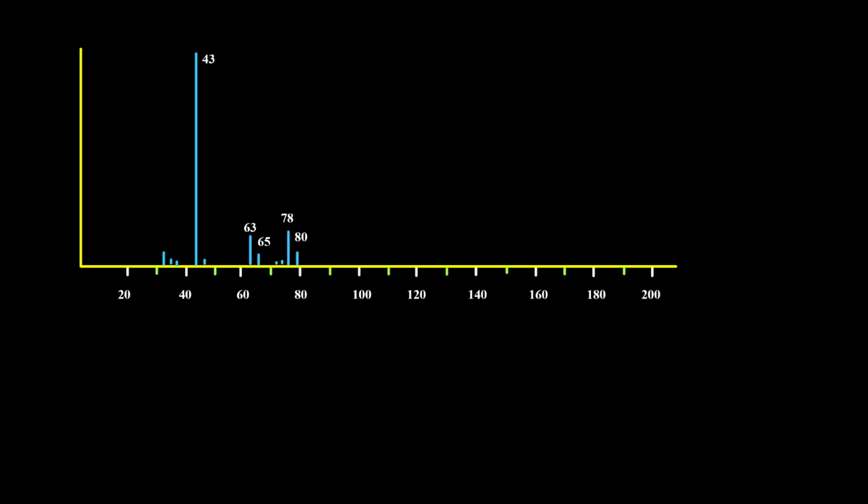And here is the last example. The last two peaks we see in this spectrum are 78 and 80, and the pattern is again 3 to 1. 78 is 3 times greater than 80. So 78 is the parent peak and 80 is M plus 2. So we do the calculation based on 78, then minus the mass of chlorine 35. The answer is 43.